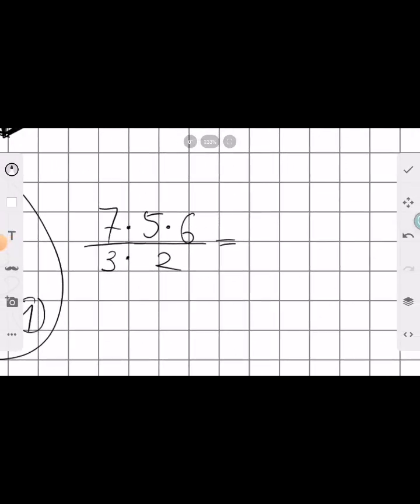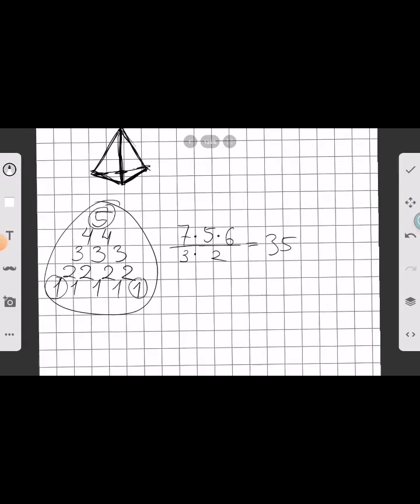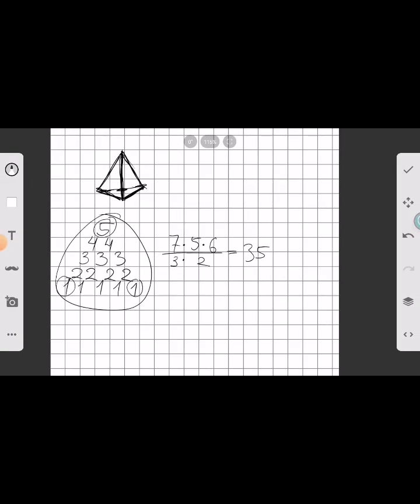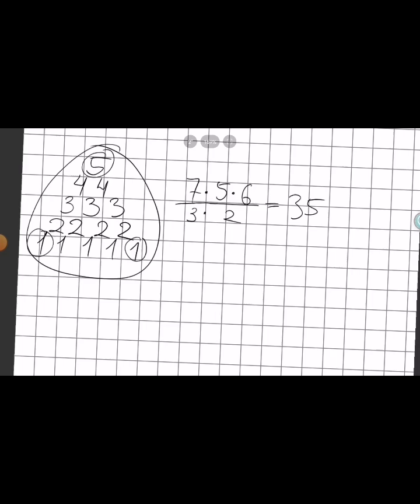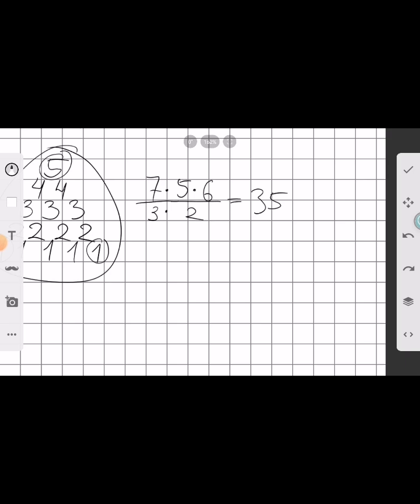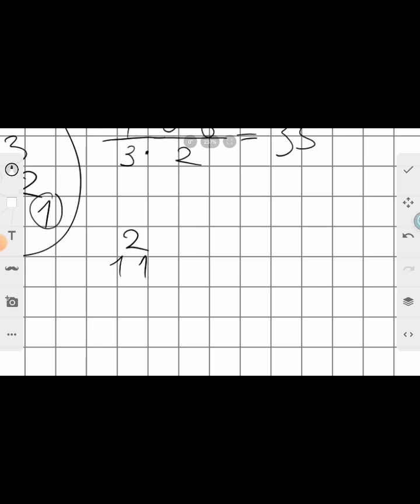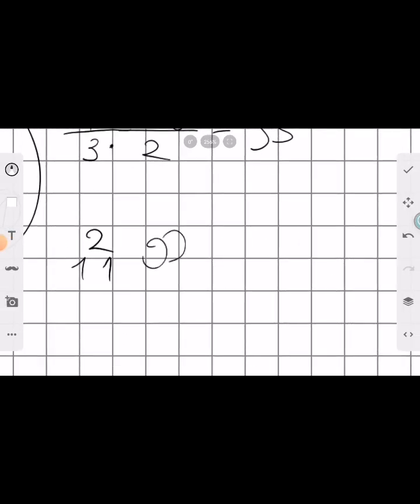This sum is now 35, and I can't remember why this 35 is important. Is it maybe some triangle number? Yeah, this really is the simplex number, I think. I don't remember why 35 is important. 211. What is 211? Yeah, of course.